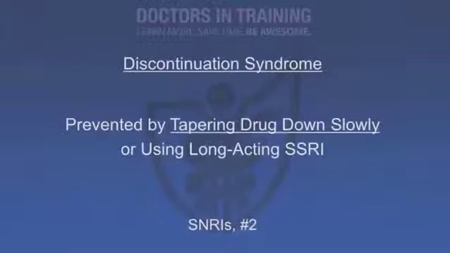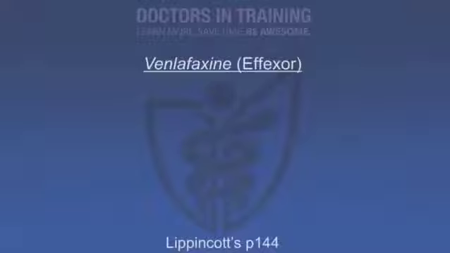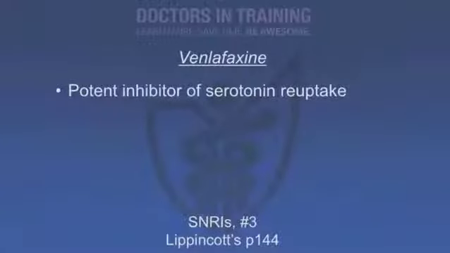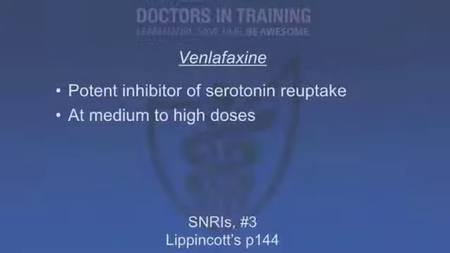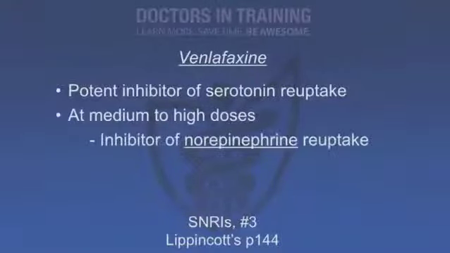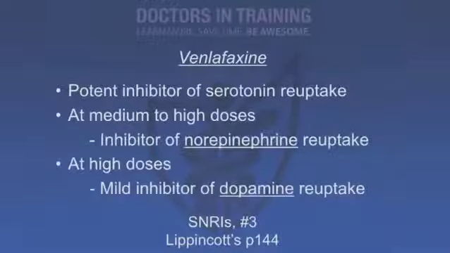Venlafaxine is one example of an SNRI. It's a potent inhibitor of serotonin reuptake and, at medium to higher doses, an inhibitor of norepinephrine reuptake. It's a mild inhibitor of dopamine reuptake at higher doses.